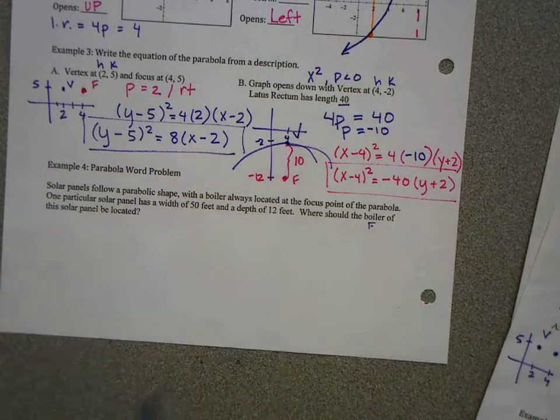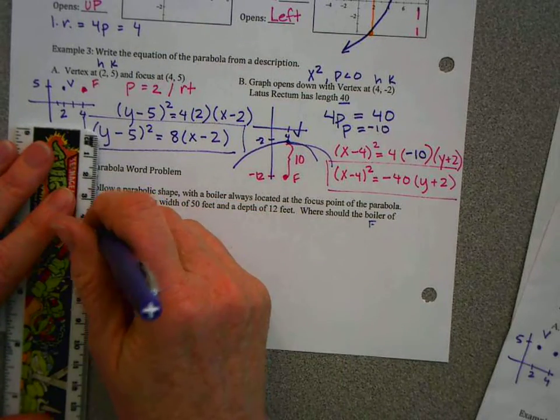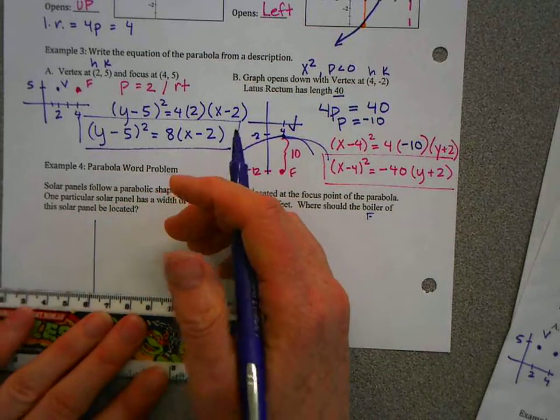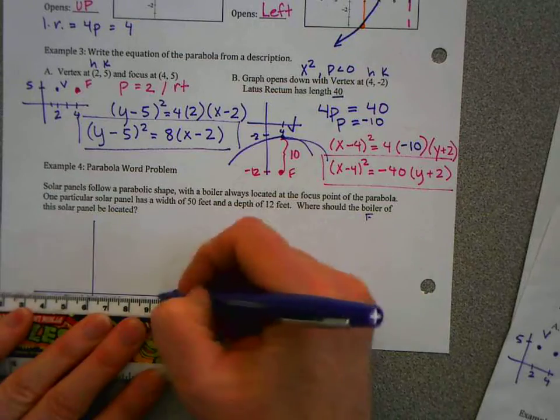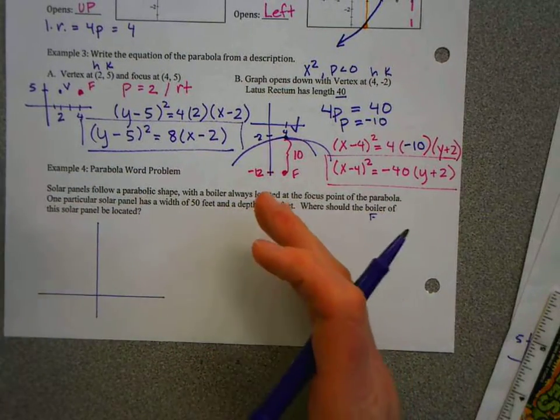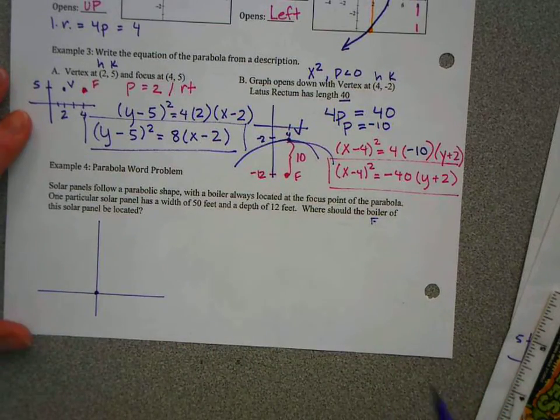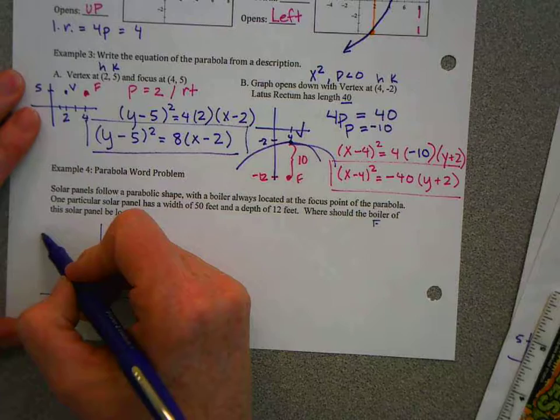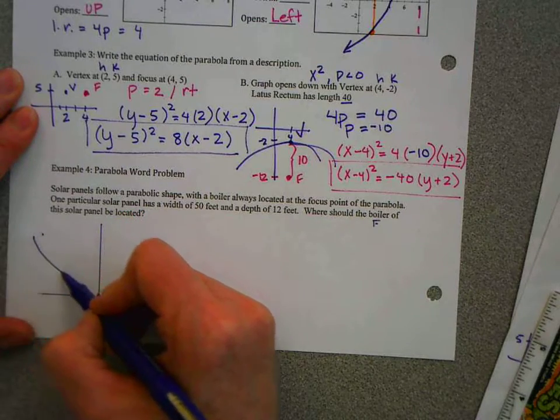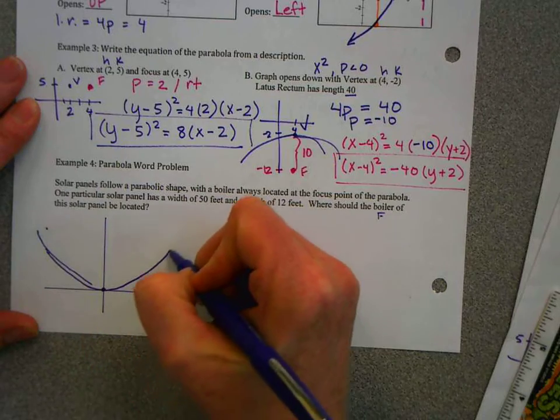So let's draw. First of all, draw yourself a coordinate plane, and we're going to put this solar panel with a vertex at (0, 0). We can put it anywhere we want. This parabola is really wide, so I'm going to draw it really wide but even shorter.